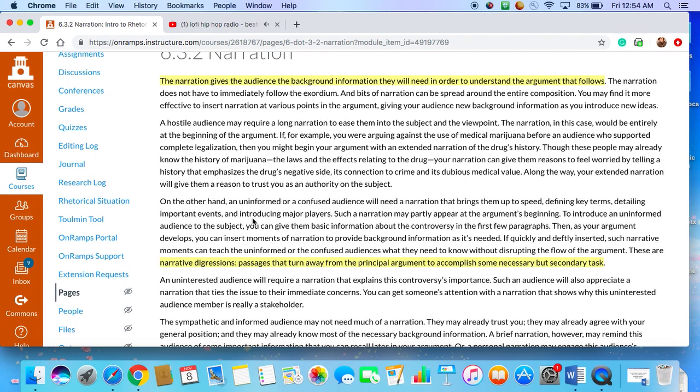And backing up, when I say major players, I mean someone who is directly involved with the controversy that you're talking about, right? You're not necessarily a major player. You're a stakeholder who's affected by it.